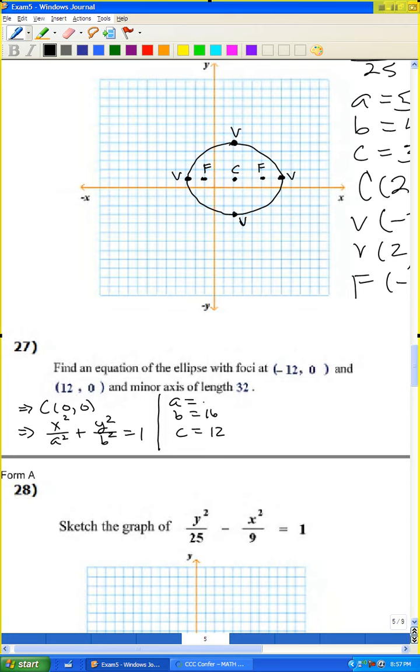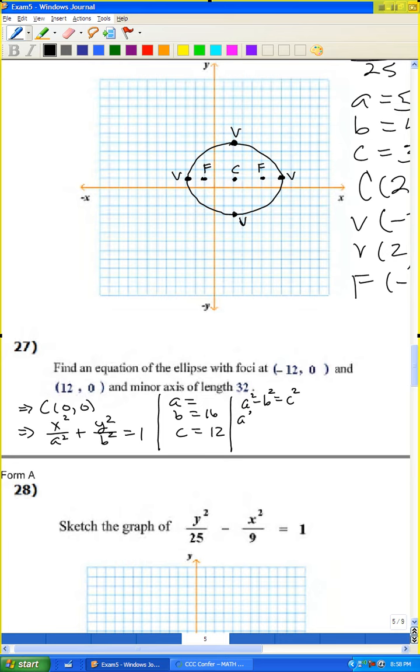I have here that A squared minus B squared is equal to C squared.